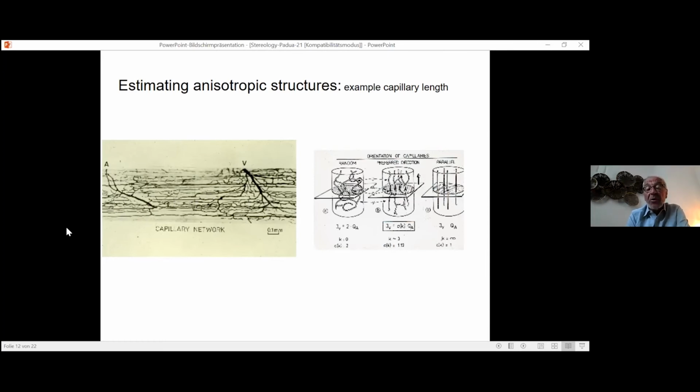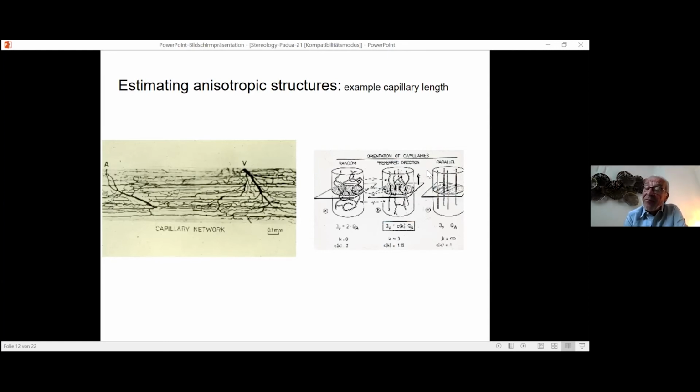Now, if you look at stereology, stereology assumes capillaries to be randomly oriented in space, and to obtain capillary length, you have to use a factor of 2 with which you multiply the number of capillary counts that you see on a cross or longitudinal or whatever section.